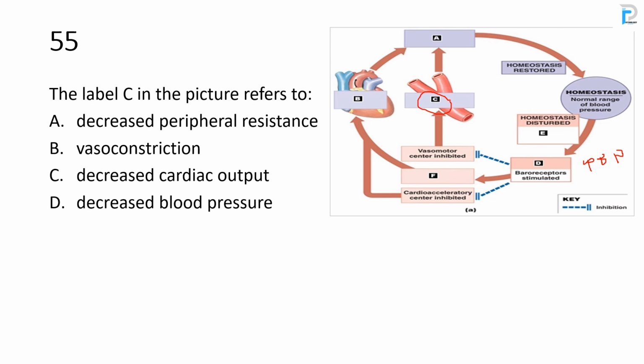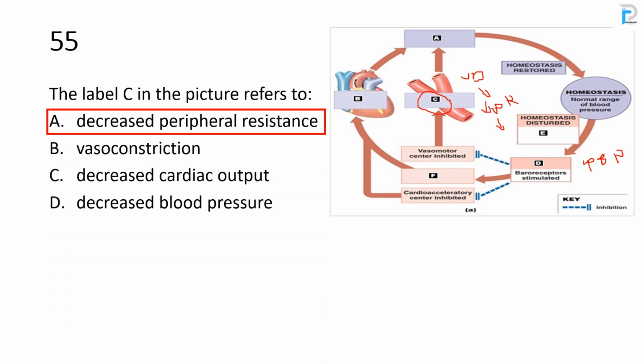The vasomotor center causes vasoconstriction, so if it is inhibited, that will cause vasodilation. Vasodilation decreases peripheral resistance, and when you decrease peripheral resistance, you decrease blood pressure and bring it back to normal. So the correct answer here is a decrease in peripheral resistance.